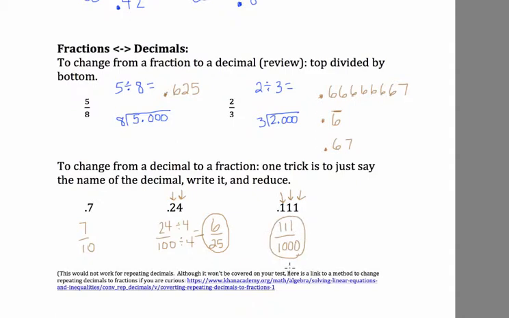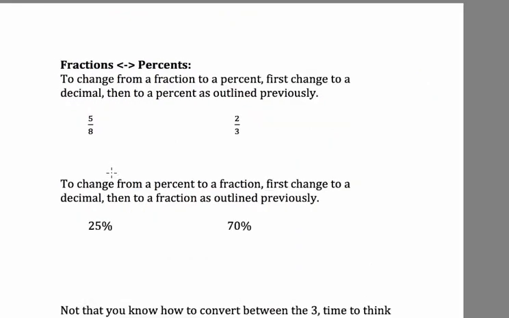My trick will not work if you have repeating decimals like this. Those are a little harder to change back into fractions. There are some patterns that you can use to help you, or I've put a link here on another way to change repeating decimals into fractions if you're curious. This will not be on your test, but it is there if you would like to look at it. To change between fractions and percents, you combine the things that we've already done.